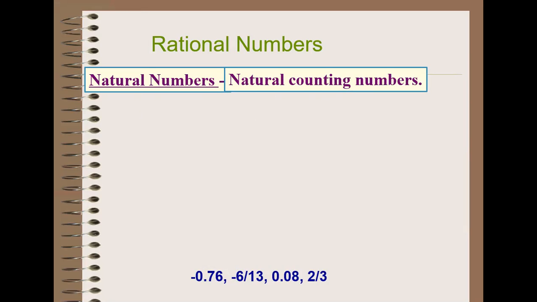Could we start with 0 if you want to count your fingers? Then you can say 0, 1, 2, 3, 4, or you have to start from 1. Exactly, we have to start from 1. For this reason, we say natural counting numbers, which are 1, 2, 3, 4.